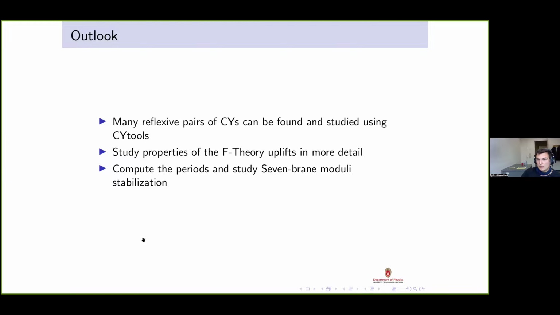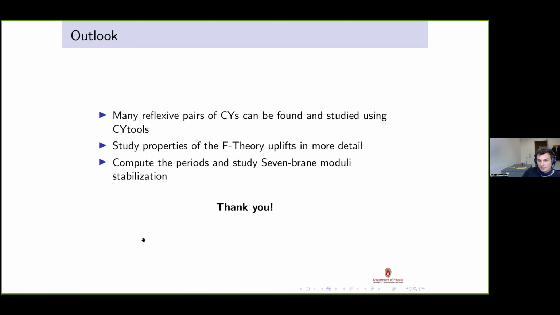This allows us now to study F theory models in great detail, especially in the situation when mirror symmetry can be understood. In these cases, one can get a good understanding of the seven-brane moduli, and then one can attack problems such as the seven-brane moduli stabilization problem. And this is, of course, to be done in the future. And here I just say thank you, and I'm open for questions.